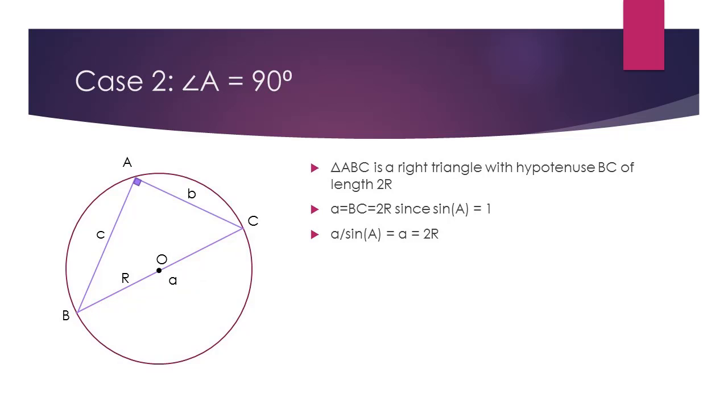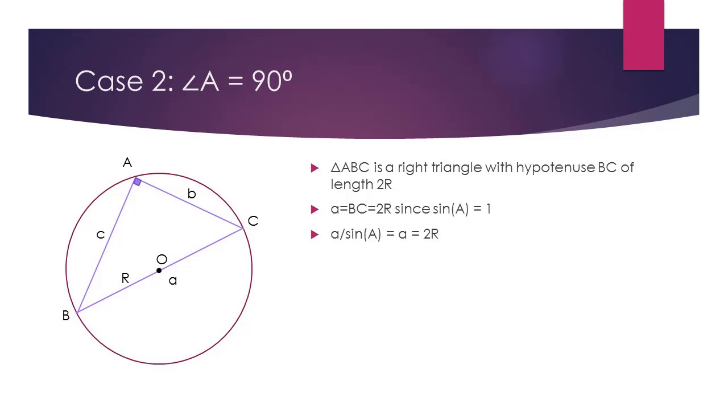And in this next case, angle A actually equals 90 degrees, so we have triangle ABC. Therefore, since angle A is 90 degrees, it is a right triangle. Therefore, BC would have to be the diameter, and we're just going to label that side a.